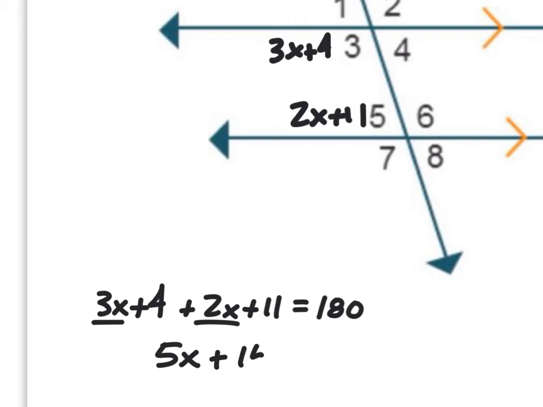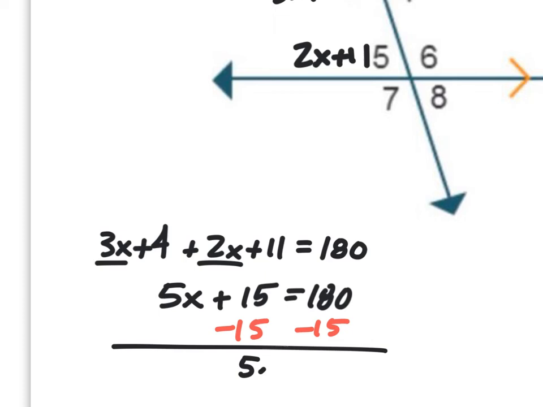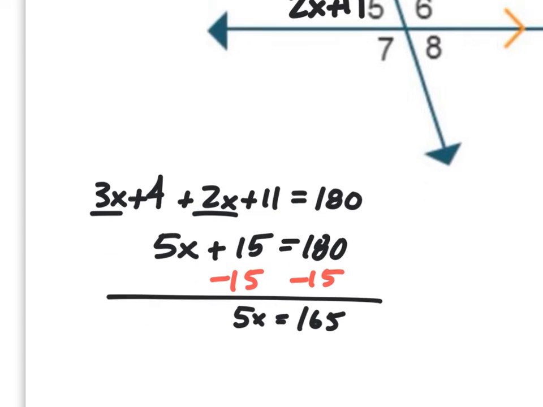So I've got 5x plus 15, and that's going to equal 180. If I subtract 15 from both sides, that gives me 5x is equal to 165. If I divide both sides by 5, that lets me know that x is equal to 33.